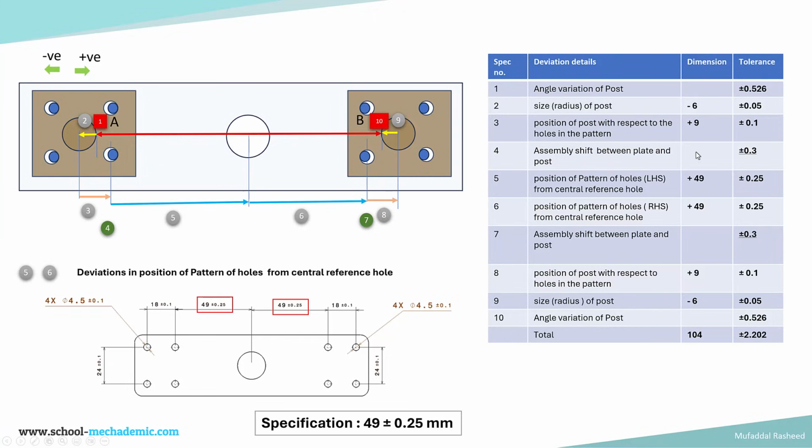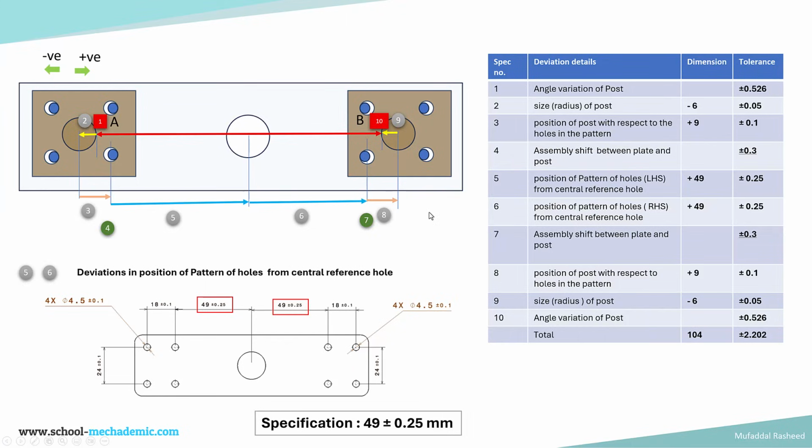Specification number 5 has a dimension and tolerance, and it is positive, which is the position of the pattern of holes with respect to the center hole. Similarly, specification number 6 is the position of the pattern of holes with respect to the center hole on the right hand side. Same specification, 49 plus or minus 0.25. Then we have the assembly shift, which does not have a dimension, only tolerance plus or minus 0.3.